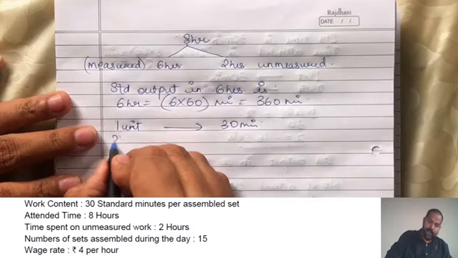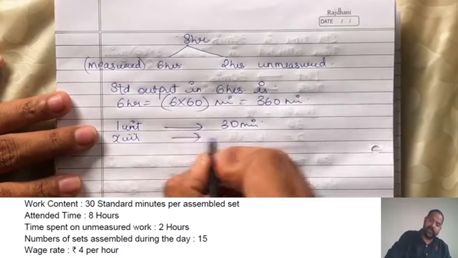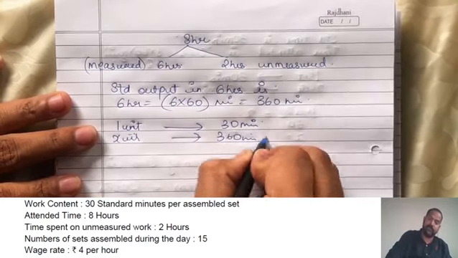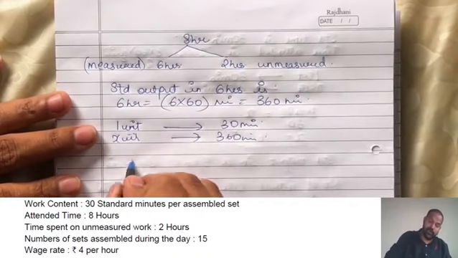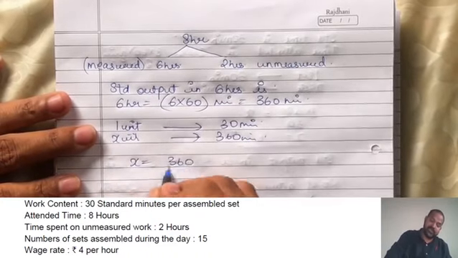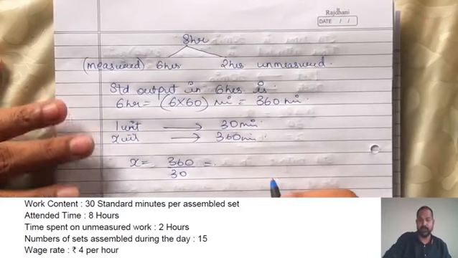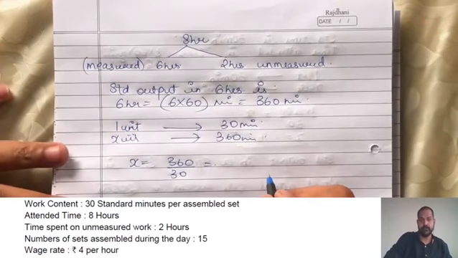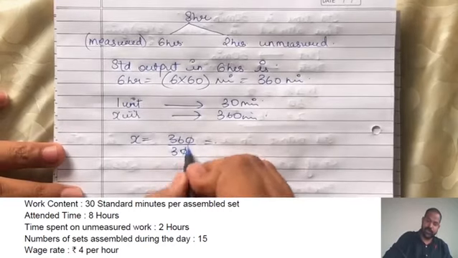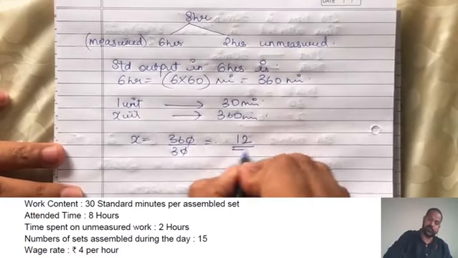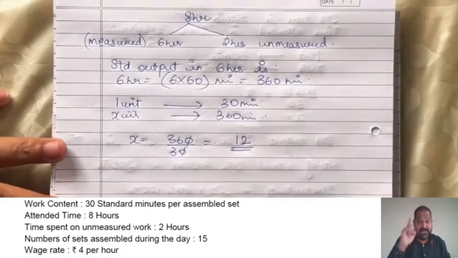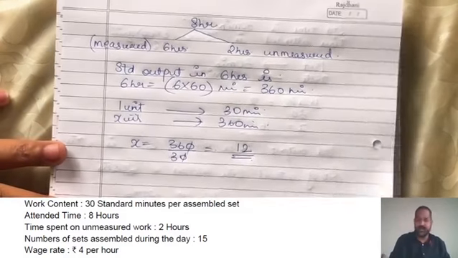Then how many units will I make in 360 minutes? Cross multiply. X is 360 divided by 30, which becomes 3 cancels, 3 1s are 3, 3 2s are 6. So the standard is not 16 units.